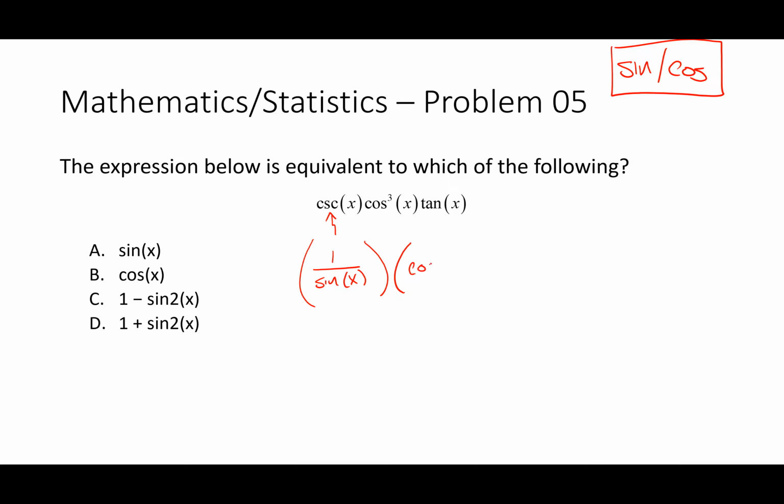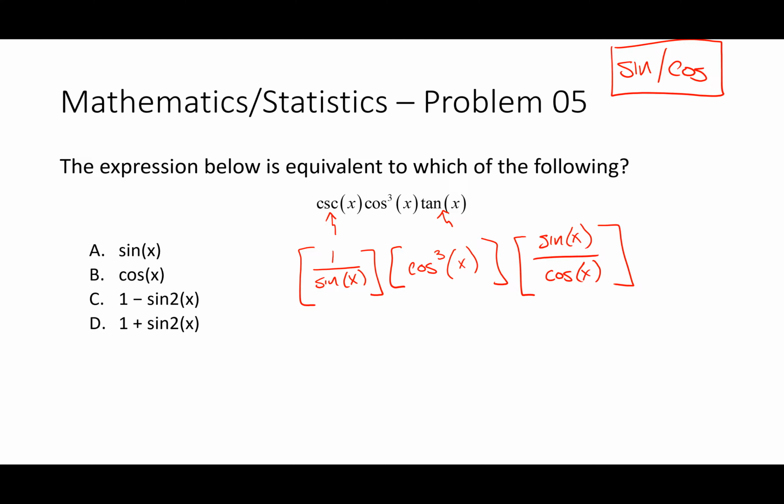This is cosine third, or cosine cubed. And then maybe I ought to use brackets so my format's nice. And then this tangent, that's sine over the cosine. And so now I've got something that's a little easier to deal with.